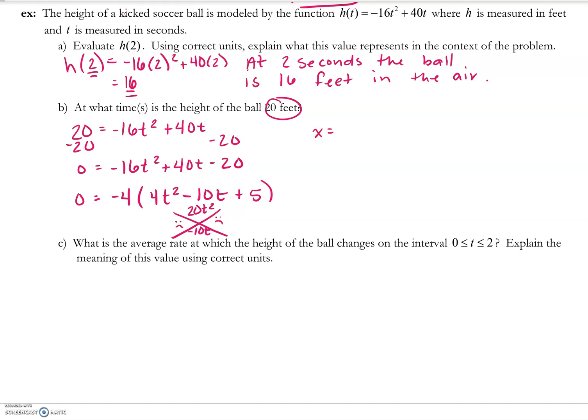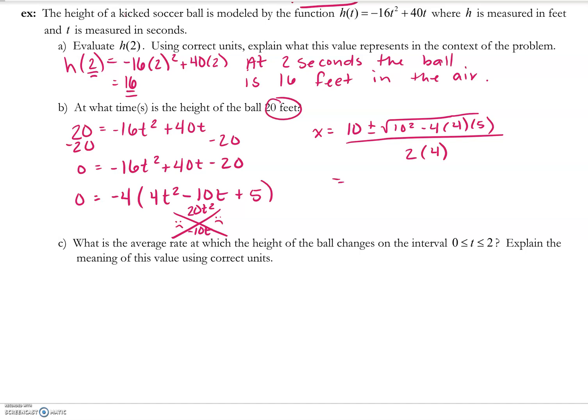So x equals opposite of b, so positive 10, plus or minus the square root of 10 squared, minus 4 times a, which is 4, times c, which is 5, all over 2 times a, which is 4.